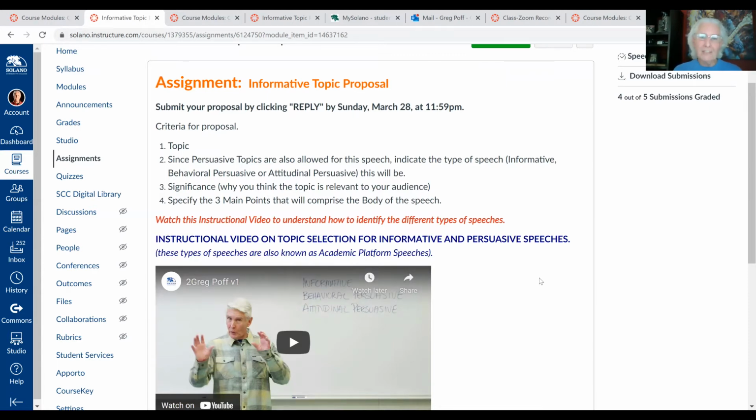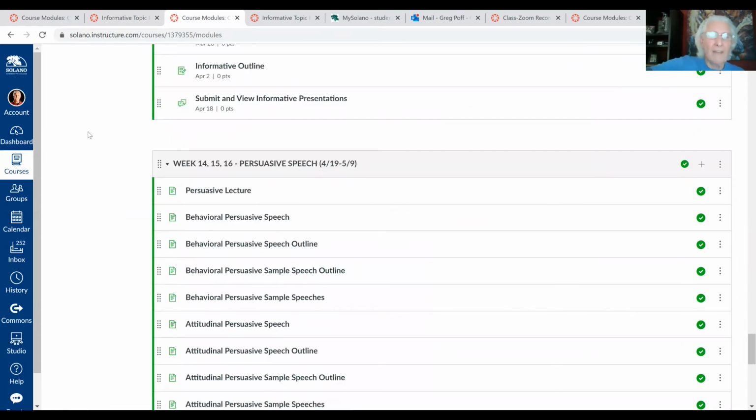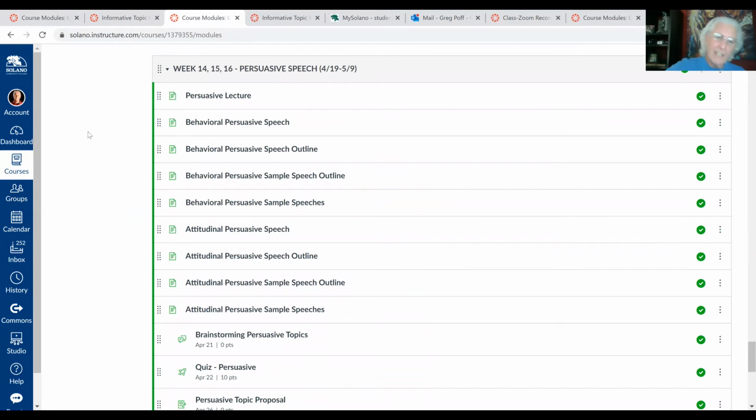So that means if you decide to do a persuasive topic, then you also need to jump ahead and take a look at the module on persuasive speaking. Let's go ahead and go there now. All right, so if we go back to the modules, now we just scroll down to the one after the informative speech, and here you have the module on the persuasive speech.